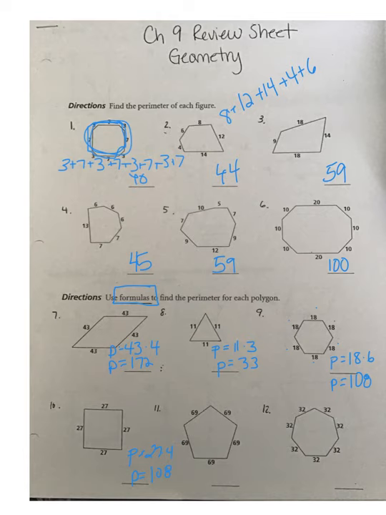Number 11, there's 1, 2, 3, 4, 5 sides on that, so the perimeter will equal 5 times 69, which equals 345. And number 12, 1, 2, 3, 4, 5, 6, 7 sides, so the perimeter would equal 32 times 7, and that would be 224. And remember, you need both the formula and the answer to get the points on those ones.